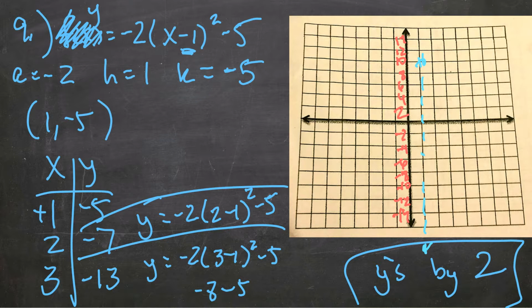So there's -2, then I put -5 in the wrong spot. And there's 2, -7. And then I'm going to go 3, -13, that's right here. I'm going to reflect it over, and there's my U. Remember, even though it's kind of skinny, it still has to be a U. And that's it for number 9.